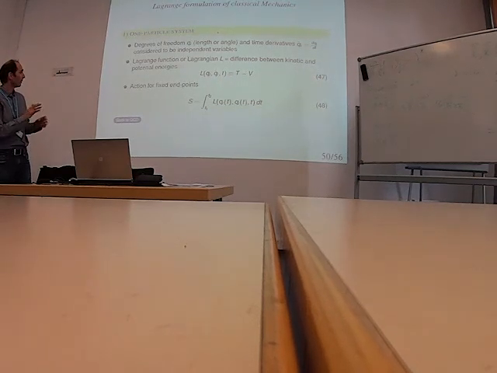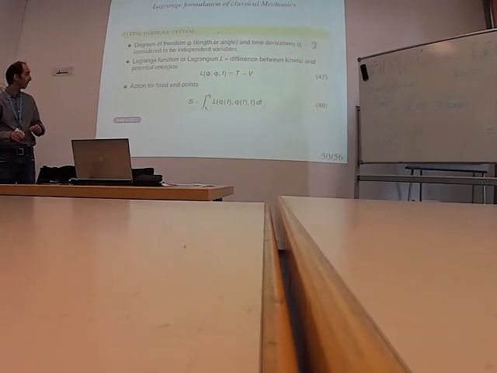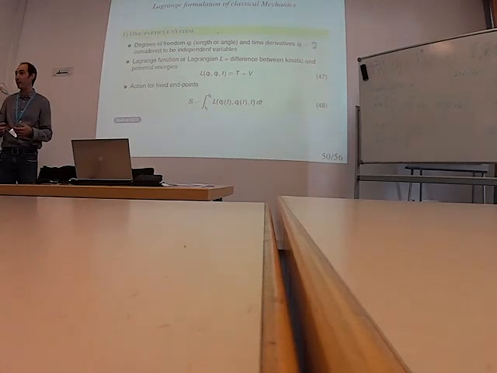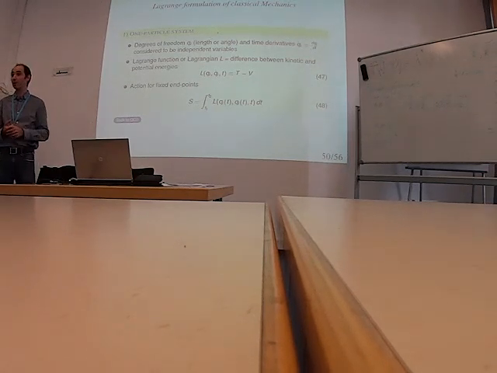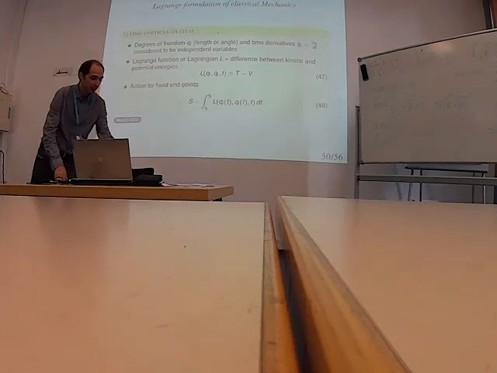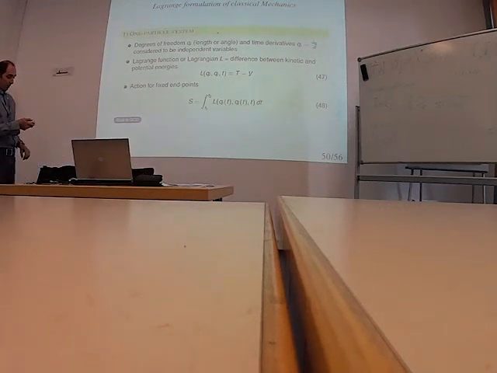So we start with some degrees of freedom that you would describe with a general notation. It could be x, y, z. It could be angles. You need their time derivatives, which I denote here with the usual dot notation. And you consider those as independent variables.